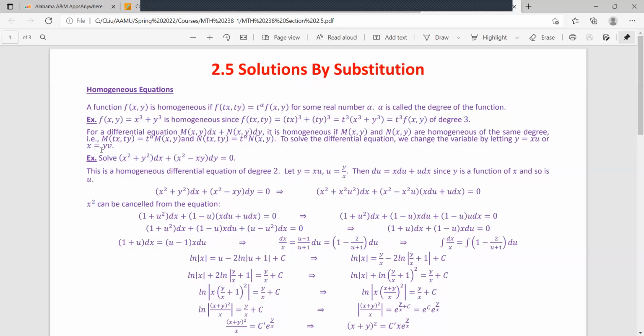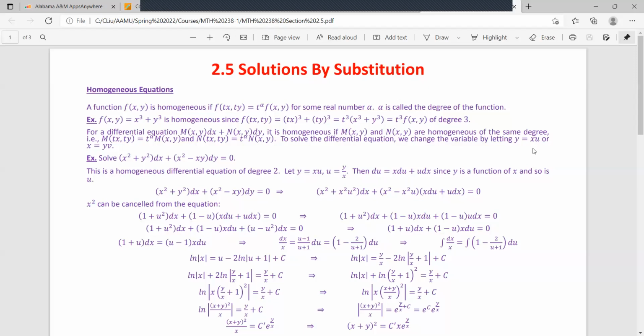It doesn't matter which way you do, both will work. So you change the variable by letting y equal to xu or x equal to yv. So what it means here is you just define another variable u. Okay.